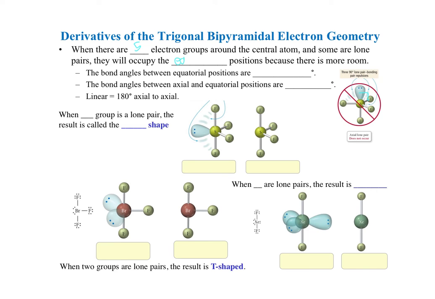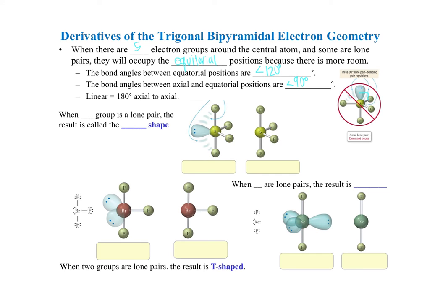So the equatorial is where those electron groups will replace the atoms. And so those equatorial bond angles are going to be less than 120 degrees, and then the bond angles between the axial and equatorial will be less than 90 degrees.